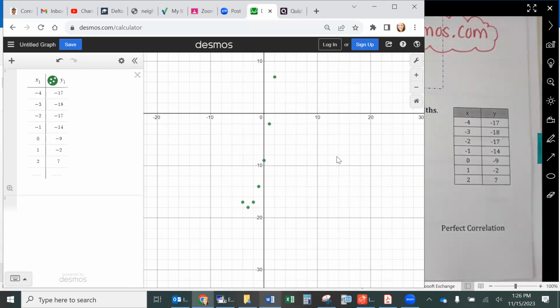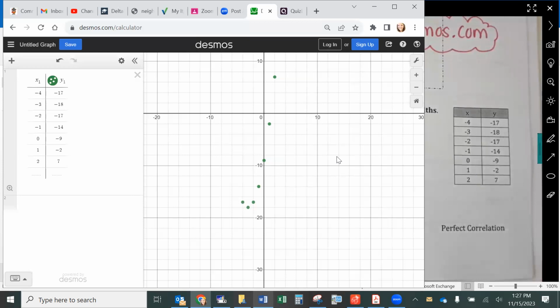Switch that for a minus. As you're typing in your dots, you should see them showing up on the graph.